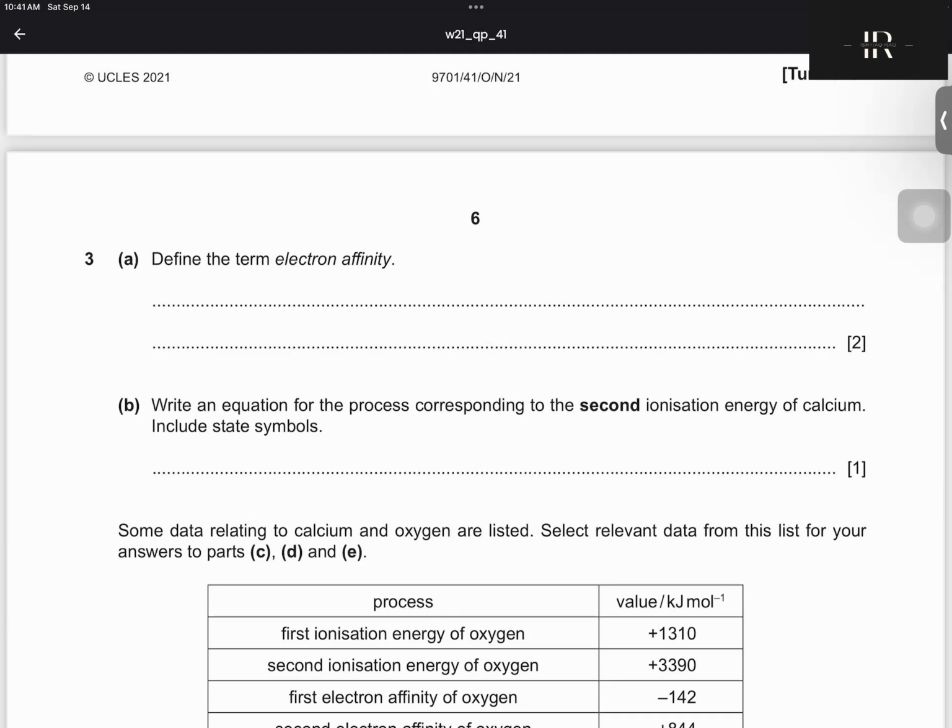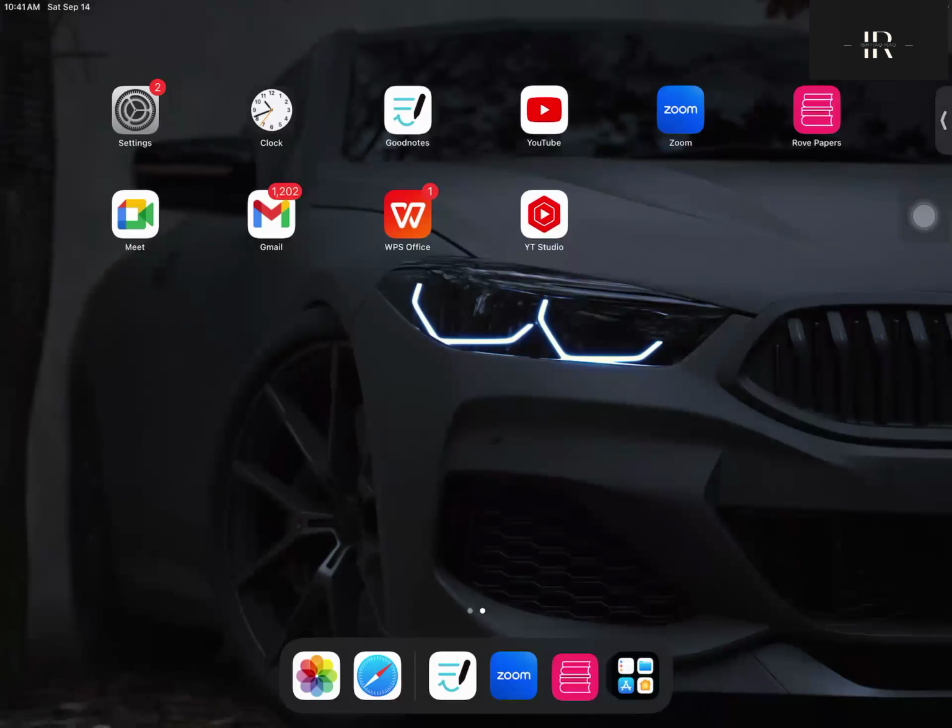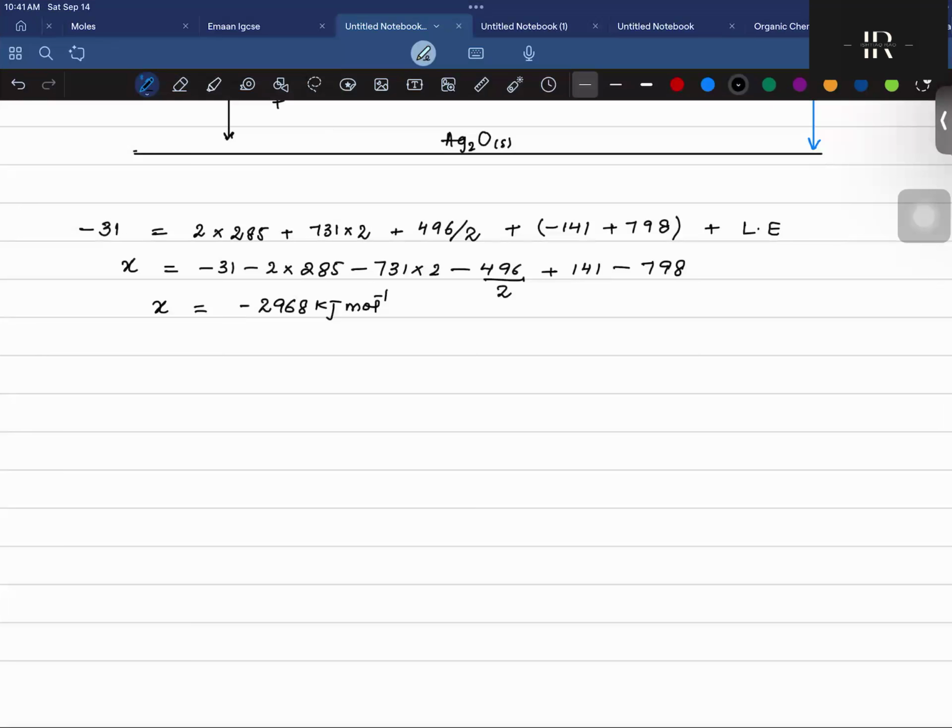Enthalpy change, or you can say energy change, when 1 mole of electron is gained by 1 mole of gaseous atom. I'm supposed to write it, as you can see, so that you can make your mind.